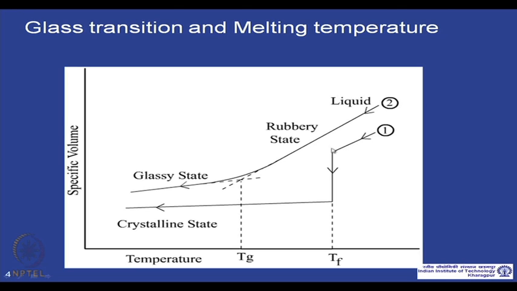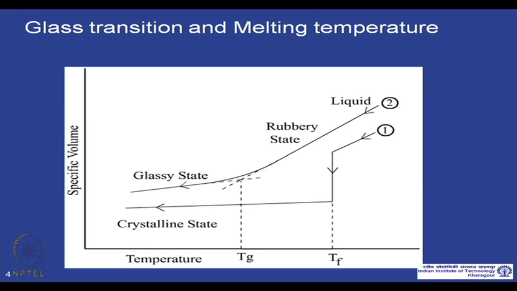We decrease the temperature, the specific volume will decrease, and at a particular temperature, the freezing point, the specific volume goes through a discontinuity, and then it forms a crystalline state, where again the specific volume decreases with decrease in temperature, but at a much slower rate than in the liquid state.